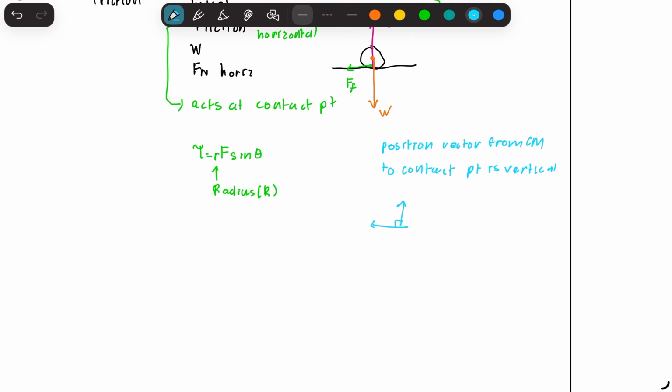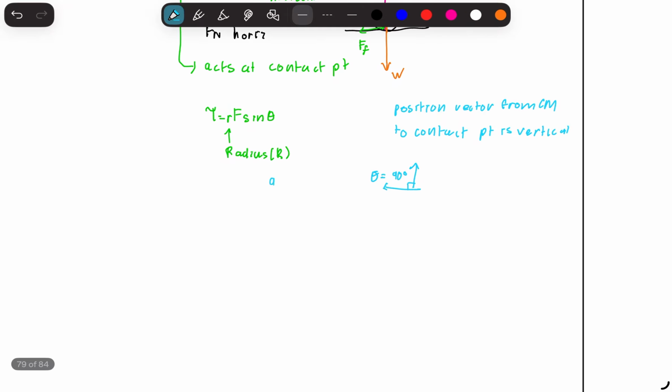So that is going to be an angle of 90 degrees.